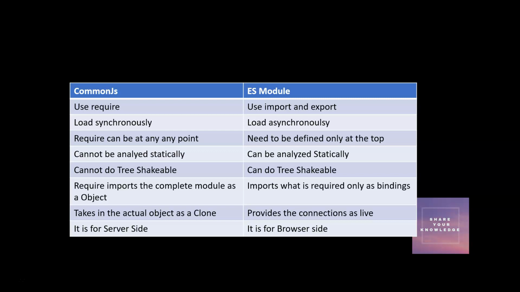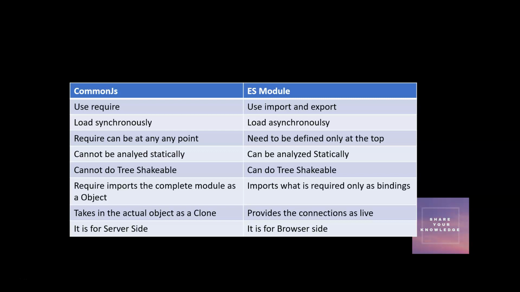That's why ES modules are more preferred, since the bundle size will be small. If your code gets converted to CommonJS by any means, it becomes difficult for tree shaking to happen.